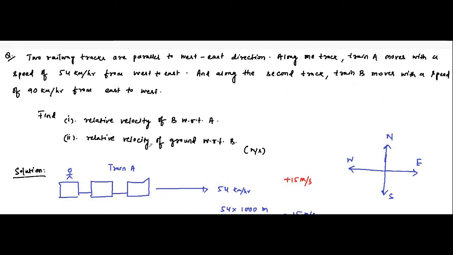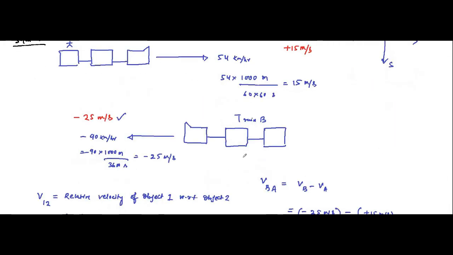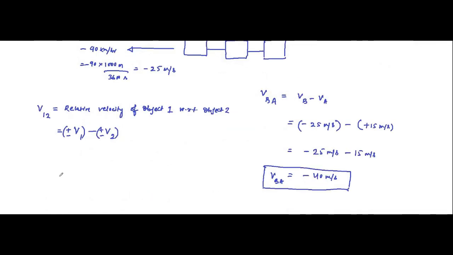Then, the relative velocity of ground with respect to train B. So again, we know that the ground velocity is 0. Yes, the earth is moving, but for now we will just assume that the velocity of ground is 0 meters per second because it is stationary.